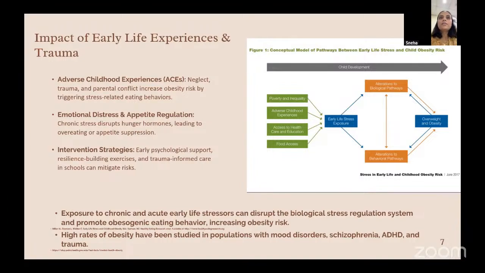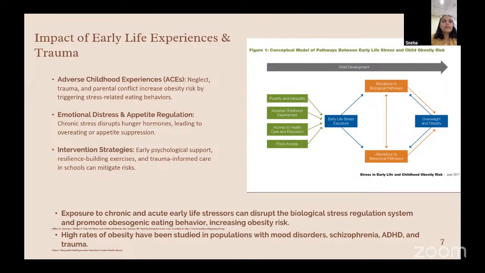In this image, we can see how poverty, inequality, adverse childhood experiences, and access to healthcare, education, and food can all lead to increased stress levels. These all alter the neurobiology and the behavioral pathways in the brain, which leads to overweight and obesity.